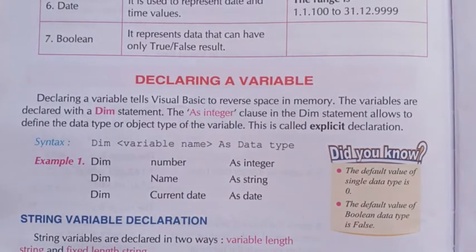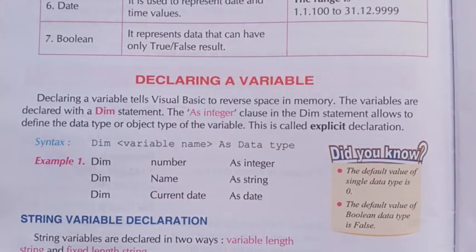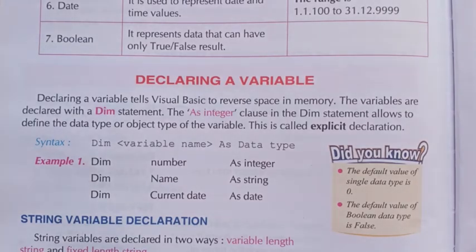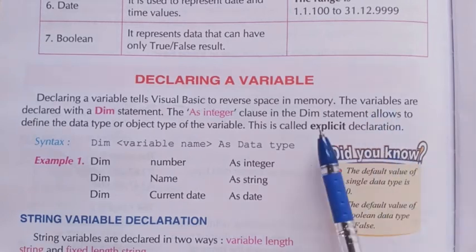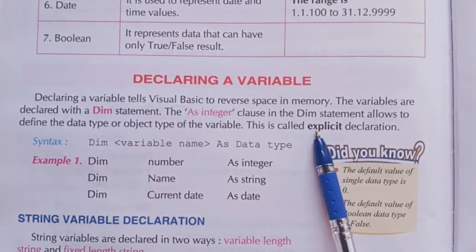Here we are defining the data type of the variable beforehand, not within the main coding. Therefore, this type of declaration is known as explicit declaration.